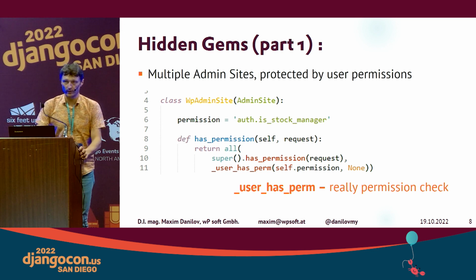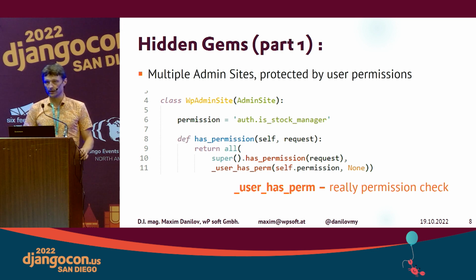These functions help us to really check permission from the user. It doesn't matter if they're a superuser or a normal manager, I check only permission, not a checkbox from the model.